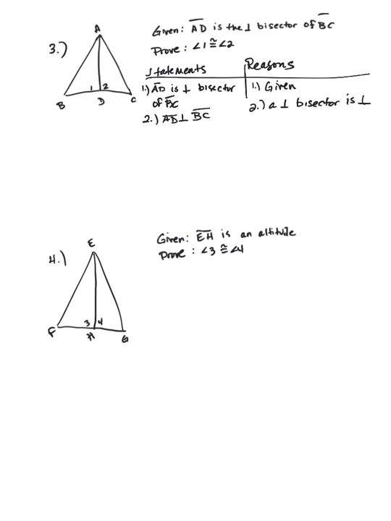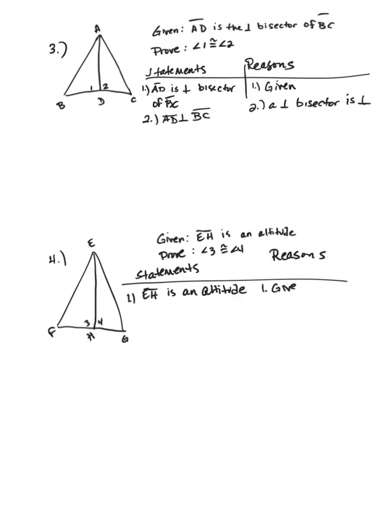Now down below, I'm going to show you this side by side. My given is different. So I have that EH is an altitude. Okay, given. But my conclusion is going to be the same conclusion I had in line 2.